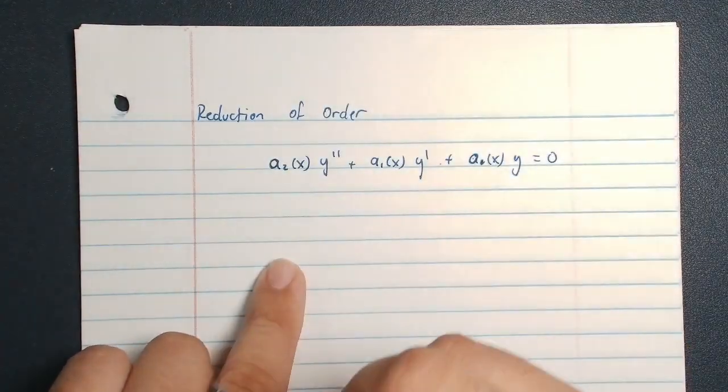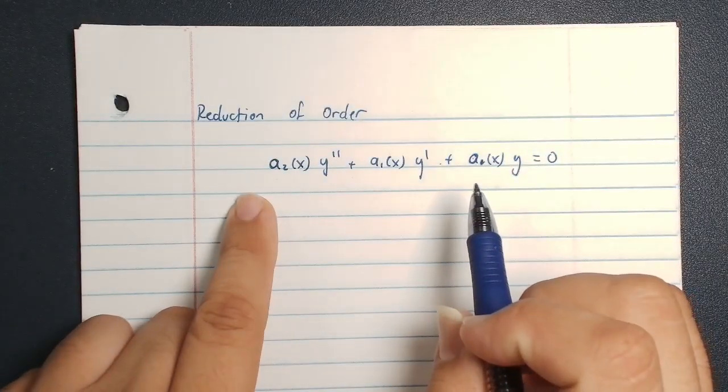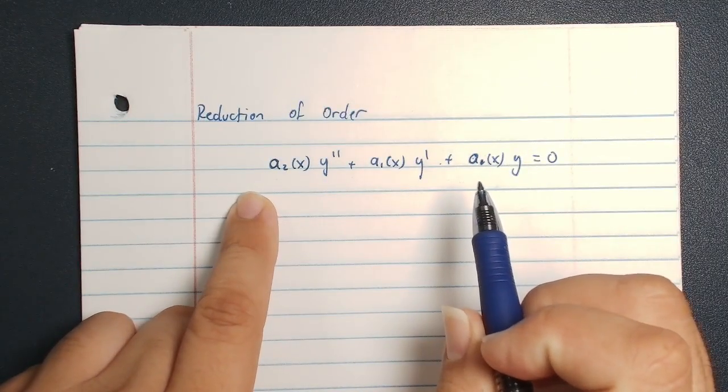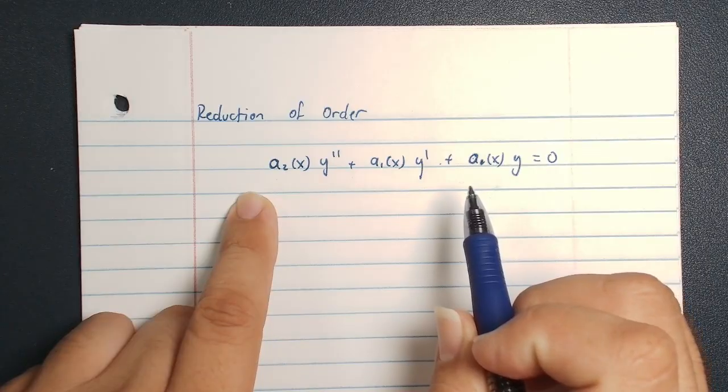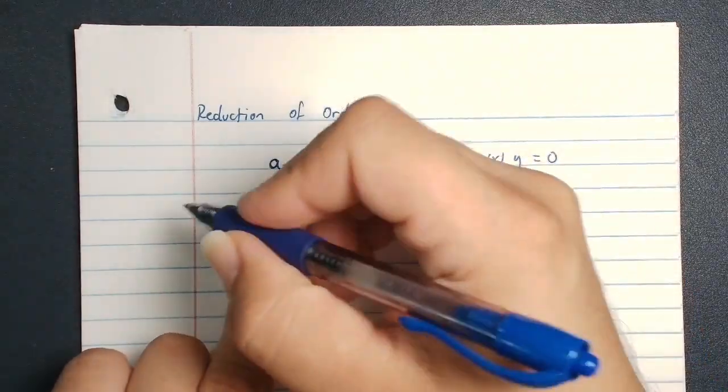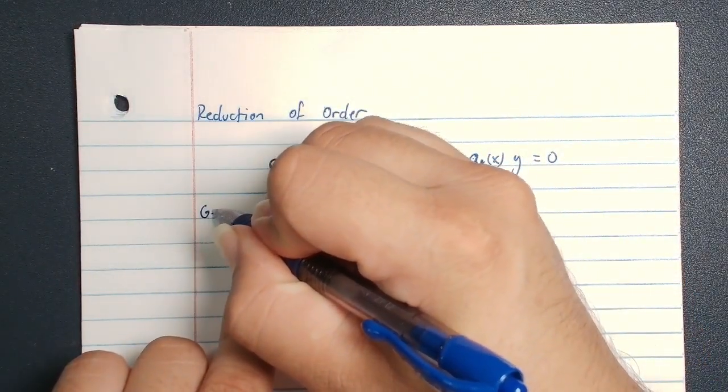If you have this kind of problem, you know that the general solution will be the linear combination of some fundamental set, as we saw in the last section.